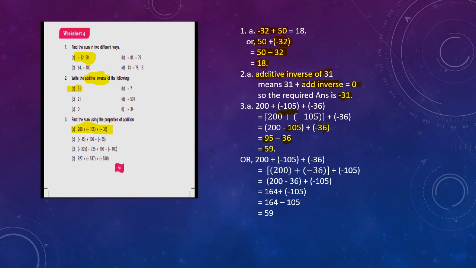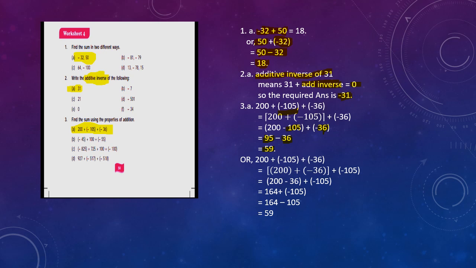Now you can use the second method to solve this question, in which you arrange 200 and minus 36 together and add minus 105 with them.